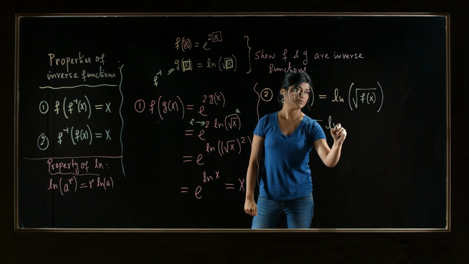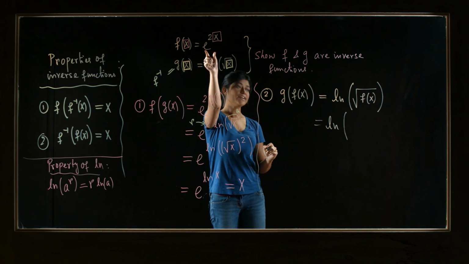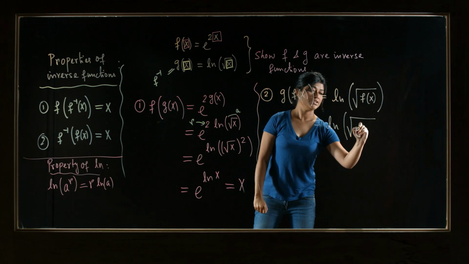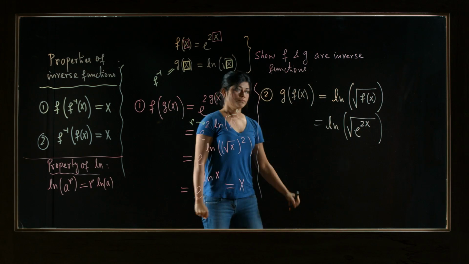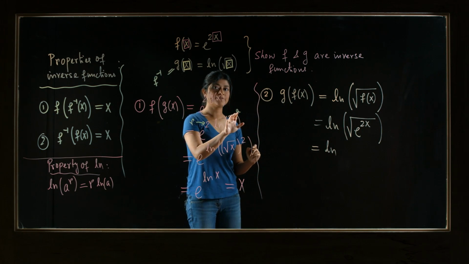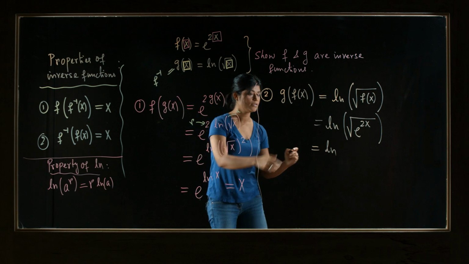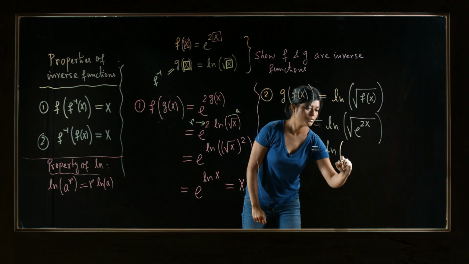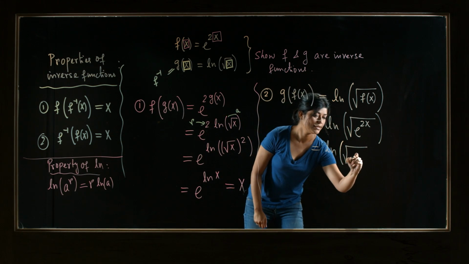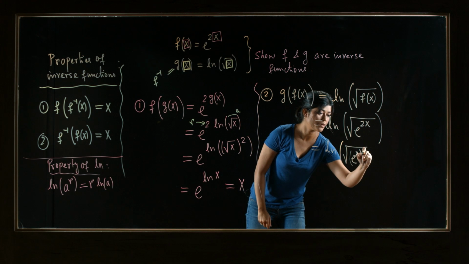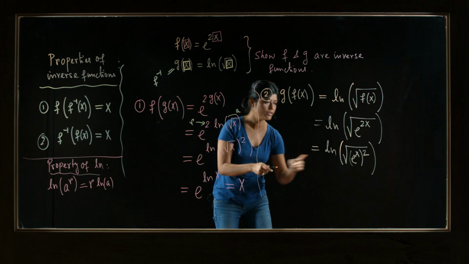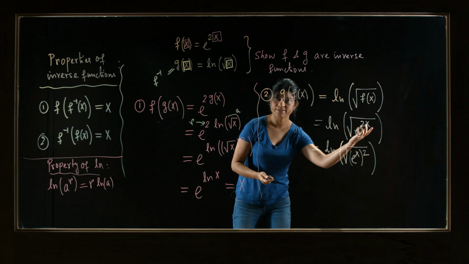All right, now let's simplify. Write down your f of x. So this is natural log of square root of e to the 2x. Let me write one more step here, using the property of exponent. e to the 2x can be rewritten as e to the x, squared, because using the property of exponent, the x and the 2 get multiplied and you get 2x.